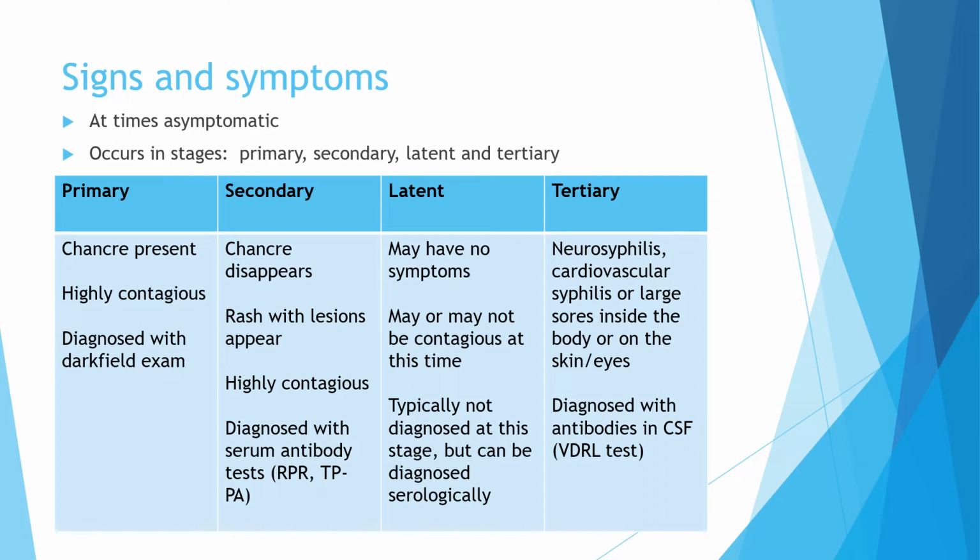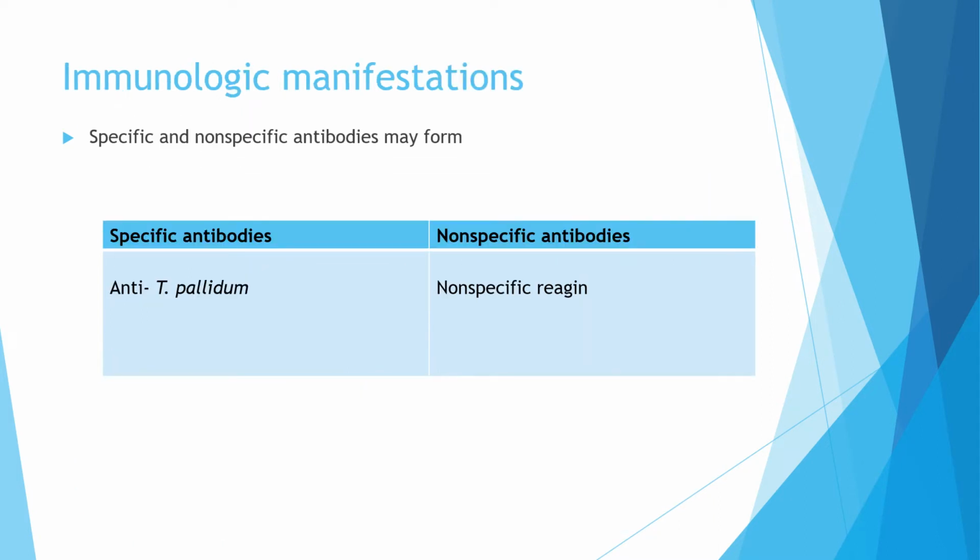So here we could do what's known as the VDRL test, which is the Venereal Disease Research Laboratory test, where we're looking for antibodies in spinal fluid. Here you will have an increase of lymphocytes in the spinal fluid, and you'll have very increased spinal fluid protein.